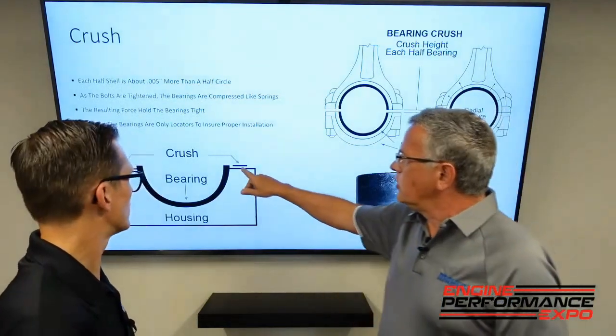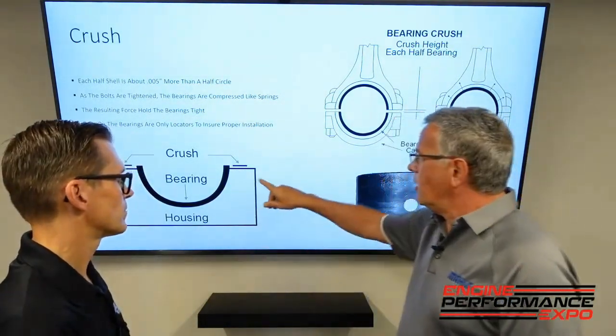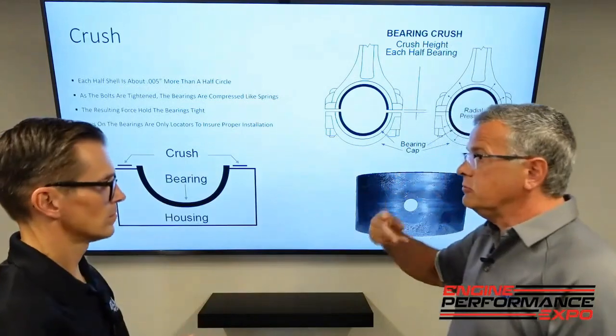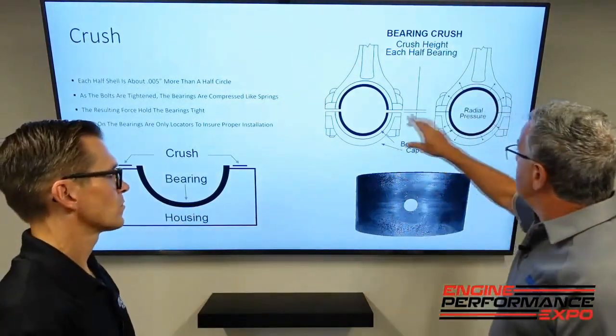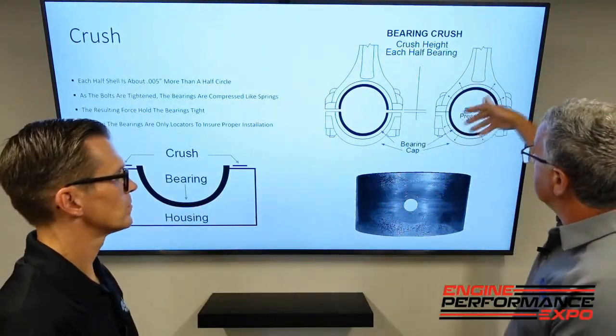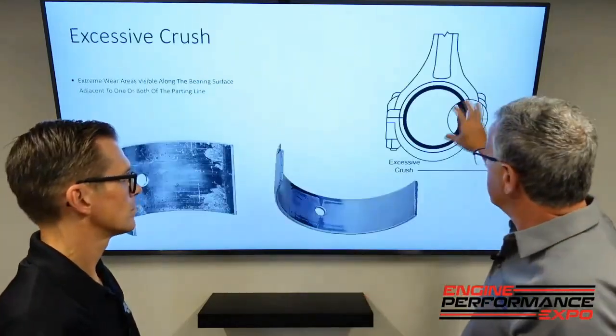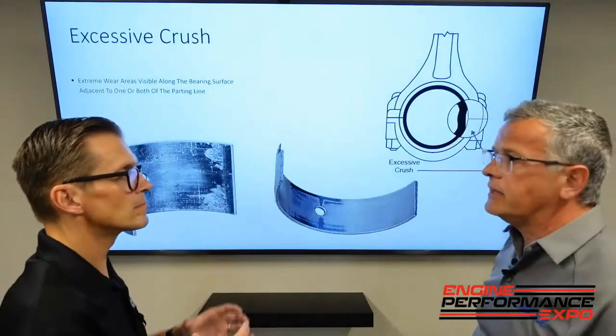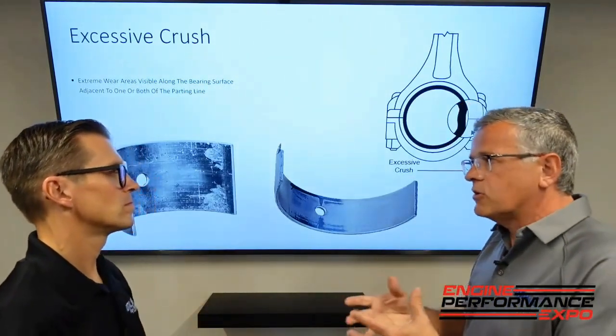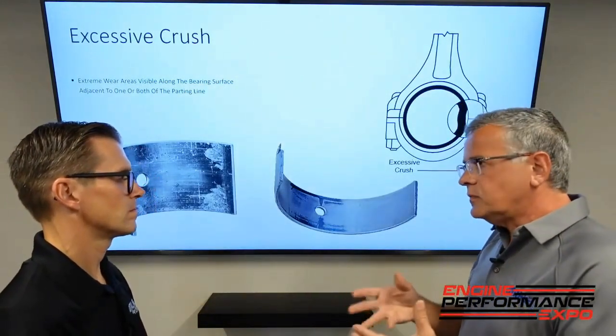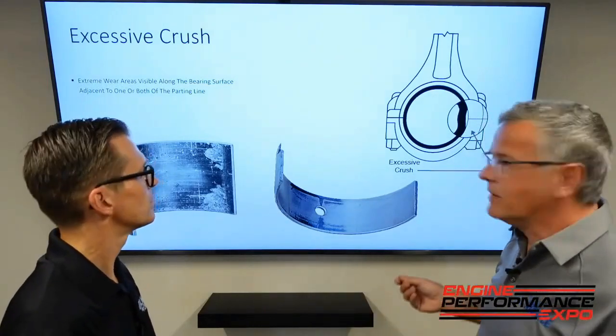It will have about 5 thousandths of standoff times 2, 10 thousandths, and it will create what we call radial pressure, and it will force that bearing to stick with the housing. And then as it's staying where it's supposed to be, you're going to have to scoot back.